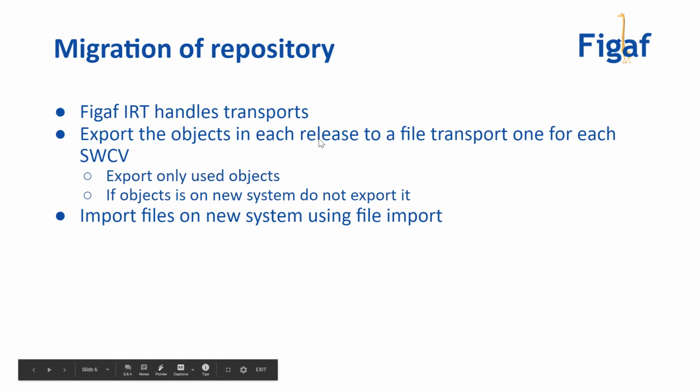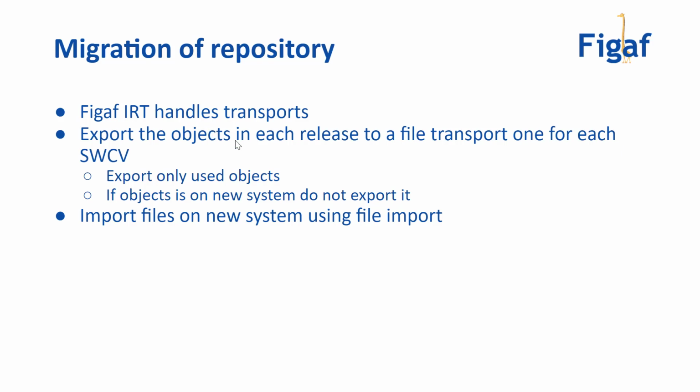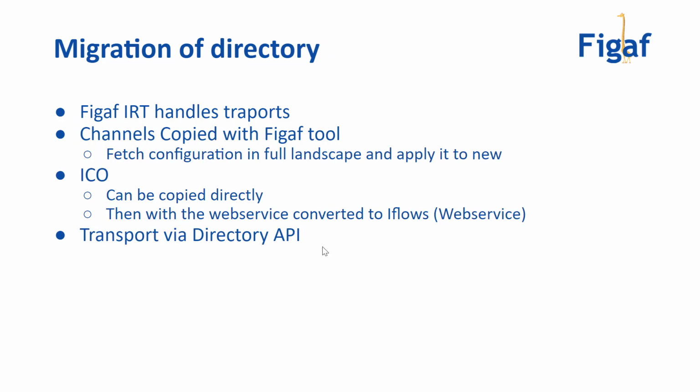So for the repository, we can use the FigAv tool to handle all the transports. Software components are being transported, and all the different objects that are actually being used. And we can import the files with the tool, so no need to import and export as a user. For the directory, it's the same thing.